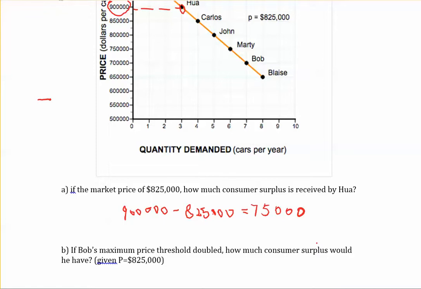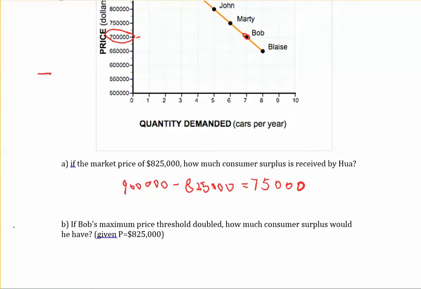So let me write it down. First, we find Bob on the demand curve. Corresponding to Bob, we find the price he wants to pay is $700,000. So he initially wants to pay $700,000. Since this amount of money will be doubled, it's equal to $1,400,000.